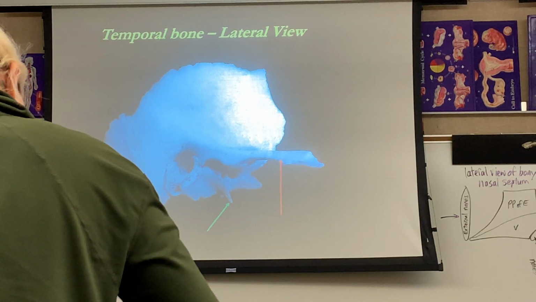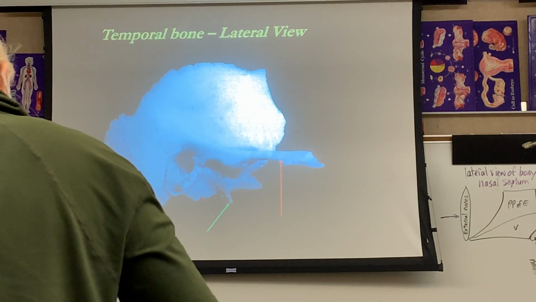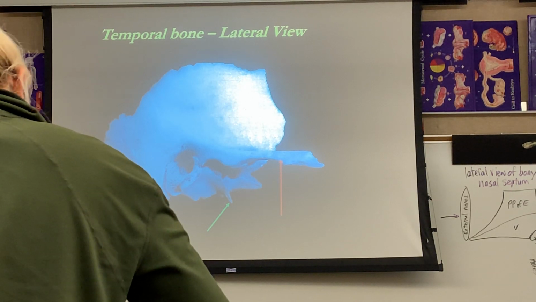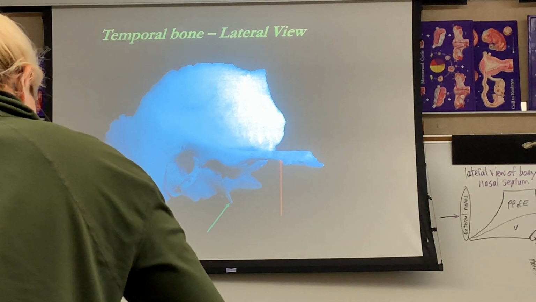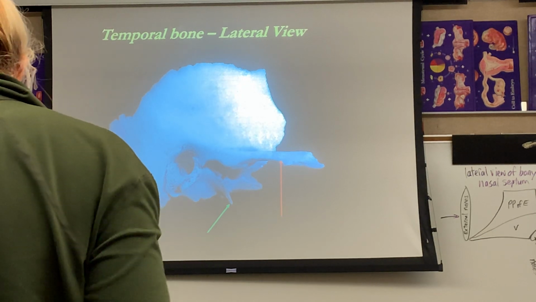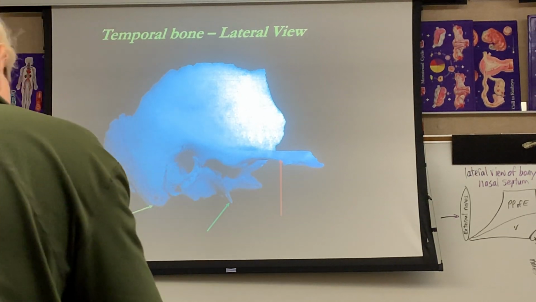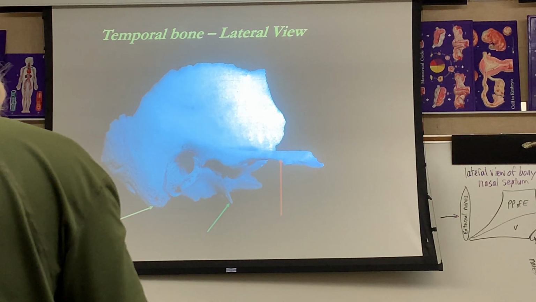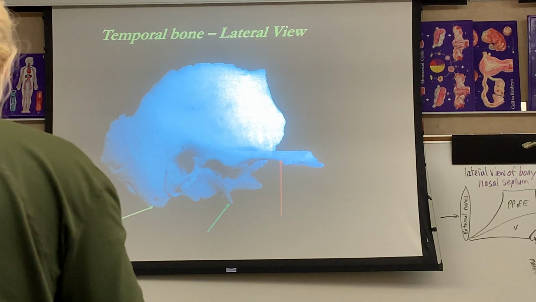Look on the bottom of page 7. Very bottom of page 7. What do you see down there? Styloid process of the radius, styloid process of the ulna, this green is styloid process of the temporal bone. Styloid is easy, it's needle-like.